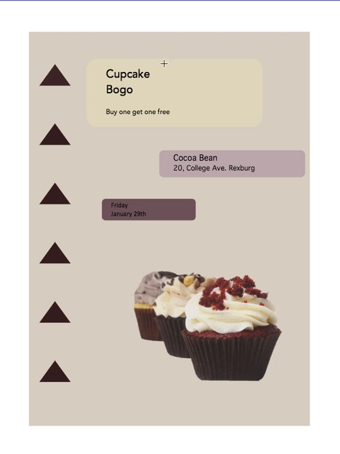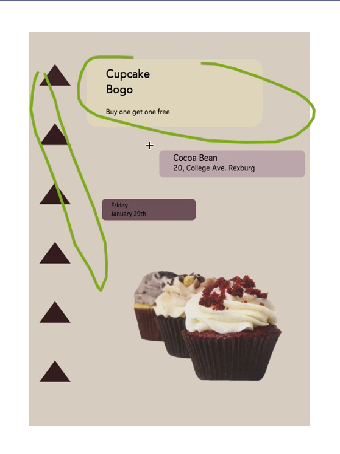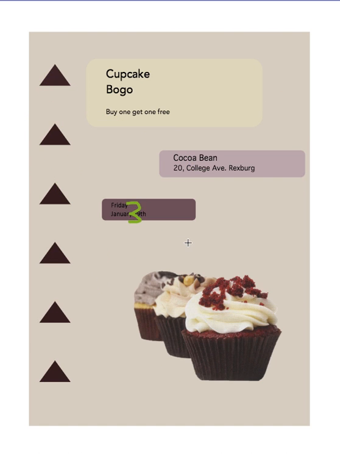Right now, these three elements are all competing for dominance, and so the hierarchy isn't very clear. My eye's looking at these and then not. This is secondary, I guess this would be number 2 and this would be number 3.